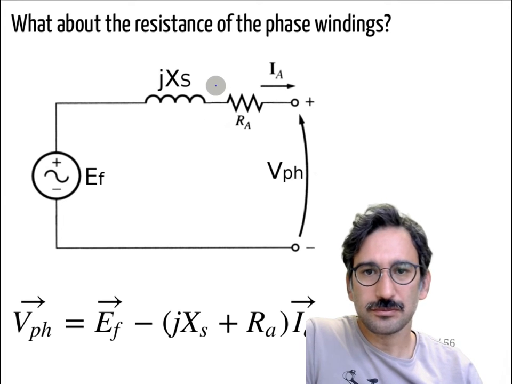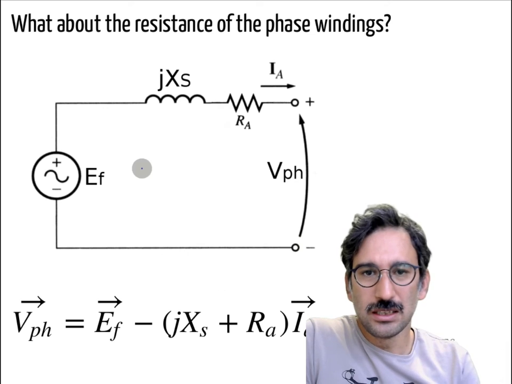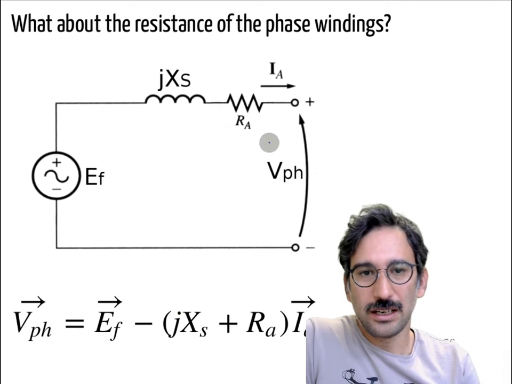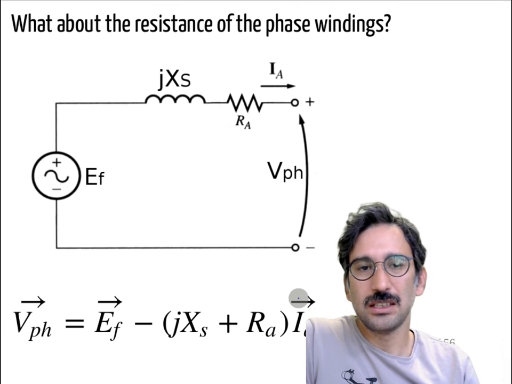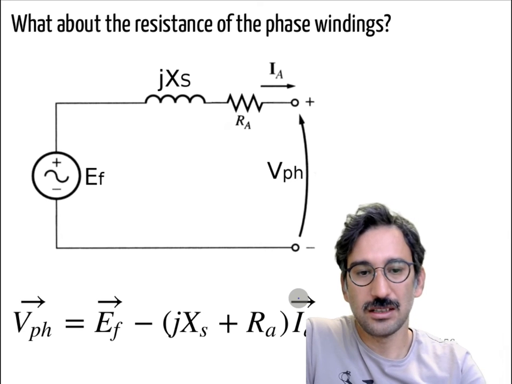With that, the phase voltage, or terminal voltage, is equal to EF minus (jX plus RA), there's no j component for RA, it's directly proportional to current, multiplied with the current phasor.